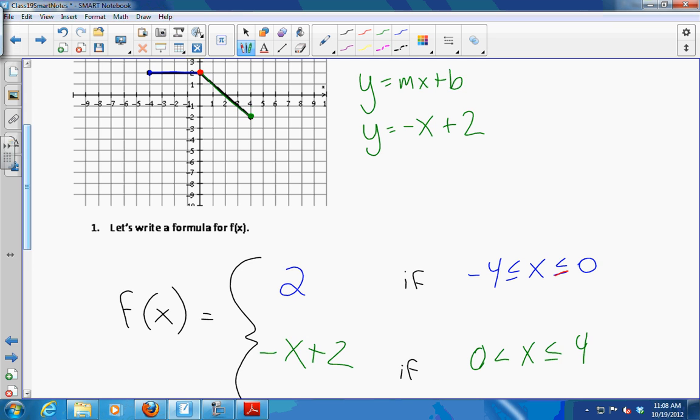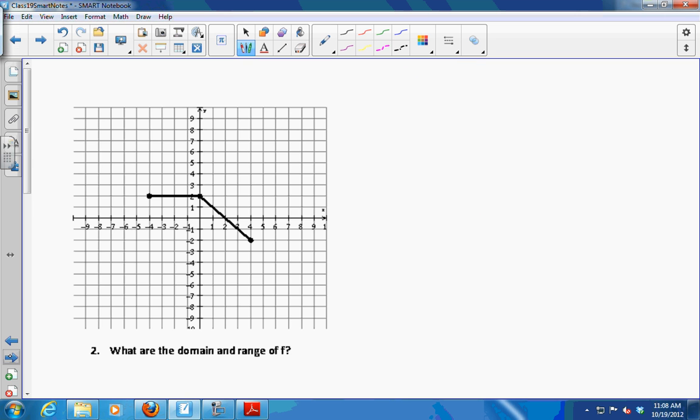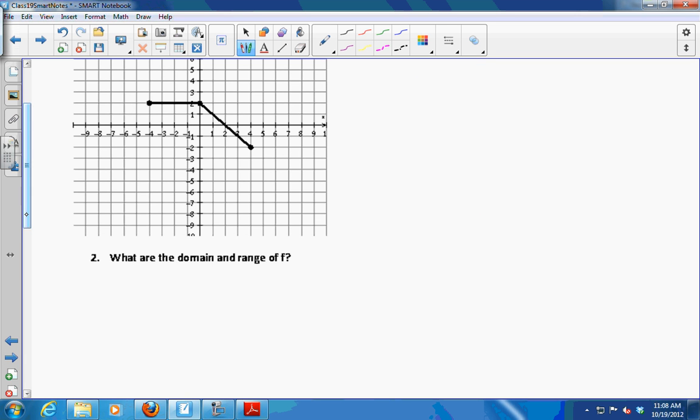Any questions on how we came up with the equations? Okay. So again, looking at the graph, what's the domain of this function? Yep, -4 to 4. Those are the x values that are covered by this function.